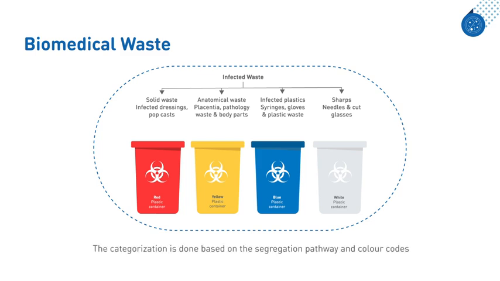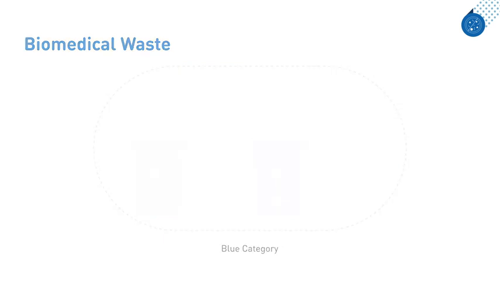The categorization is done based on the segregation pathway and color codes. Various types of BMW are assigned to each one of the color-coded categories as listed below: yellow category, red category, white category, blue category.